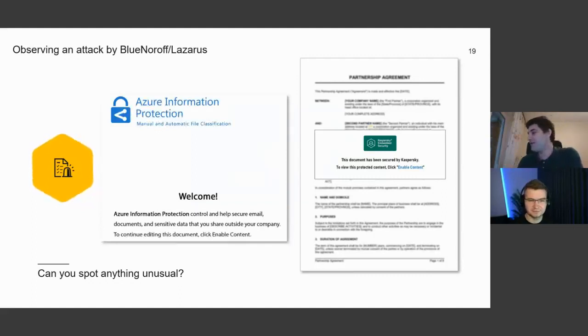In this page, which actually comes from a real attack, you can also see something suspicious. This is related to how other phishing campaigns are deployed on the internet.